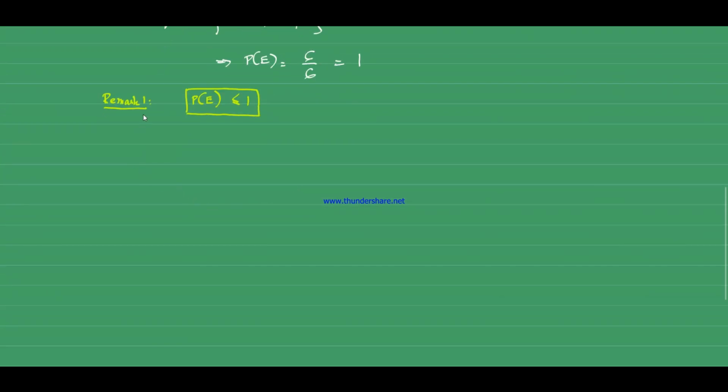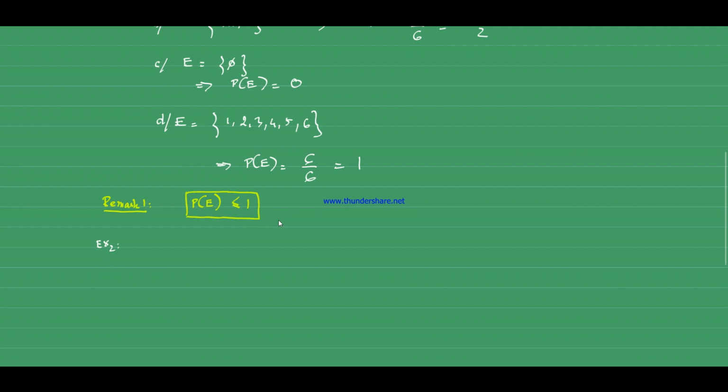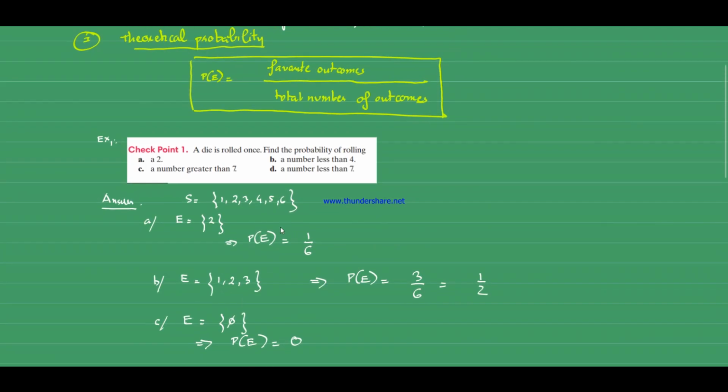Now let's do another example. Maybe after you finish the first example, you still don't know what theoretical probability is. Theoretical probability is just the probability in theory. What does it mean?